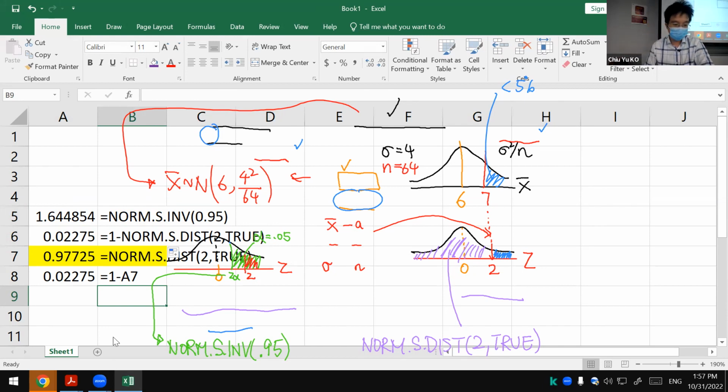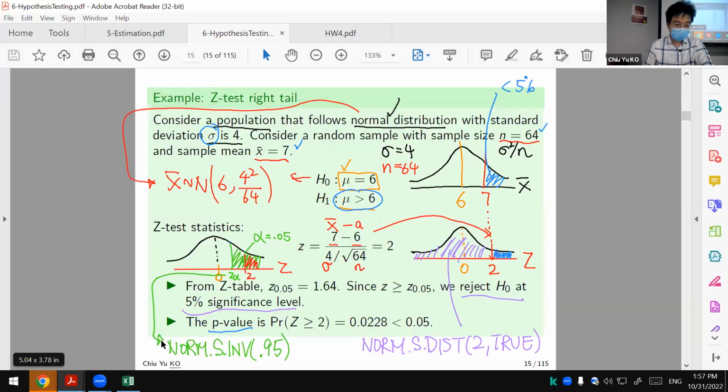I'll just stop here for 30 seconds before I talk about the other one. We'll do the left-hand side again. So now we've done the right tail test, and we'll do a left tail. Before I go, I give you 30 seconds before I proceed. Let me know if there is any question.